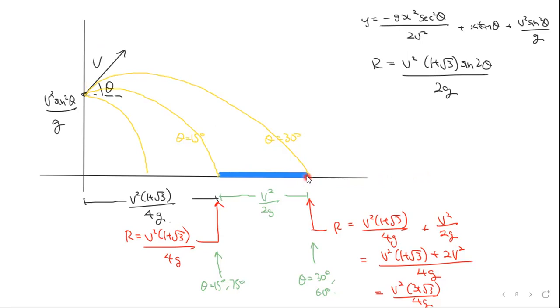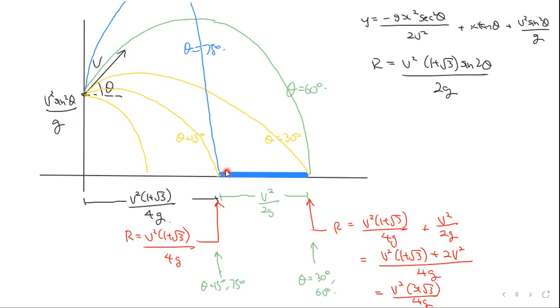So 60 is when you do something like this. It still lands in the same spot, but it's now on the way back. And then for 60 and higher, 61, 62, you're going to land in the dam again until, of course, your 75 angle, which will do something like this.